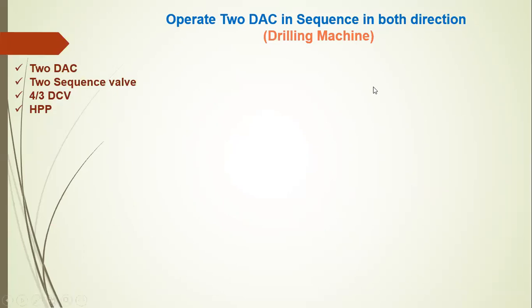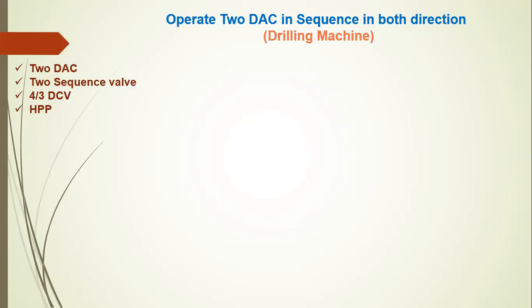Here we operate two DACs in sequence in both directions. The last session's video also had the same name, to operate two DACs in sequence in both directions. Here too, the design of the hydraulic circuit is to operate DACs in sequence in both directions.